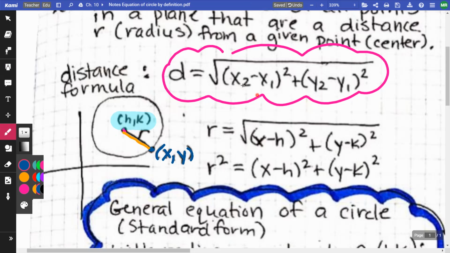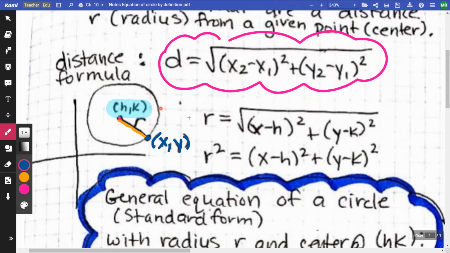So if I'm using these 2 points, my x comma y and my h comma k, to find the distance between them, and I know that distance is r, I put r here because I know the distance is r. So I'm going to take my x minus h, square it, my y minus k, square it, and take the square root for the radius, if I just want the r.